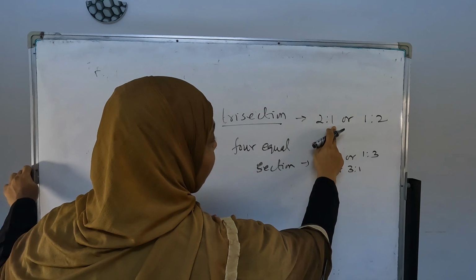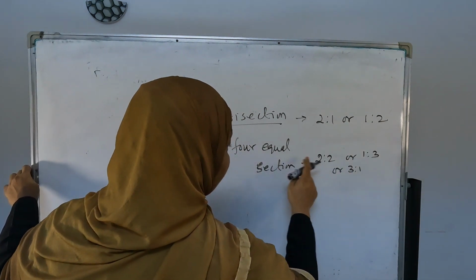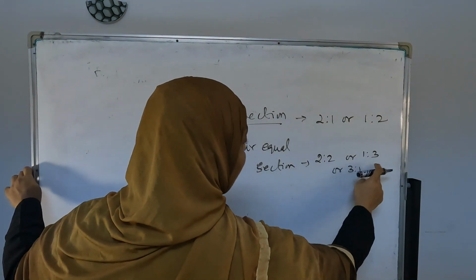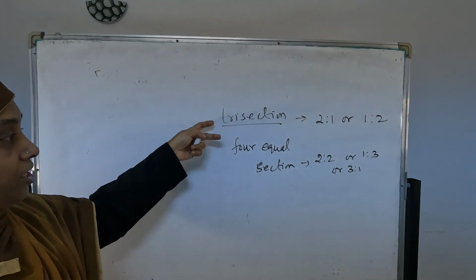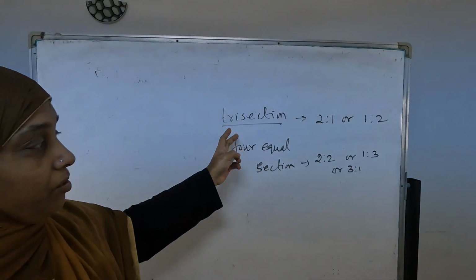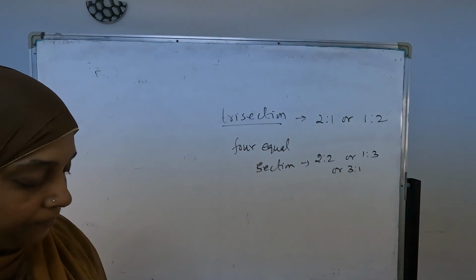Add and check, the sum gives 4. Like this they will also ask by using the section formula.